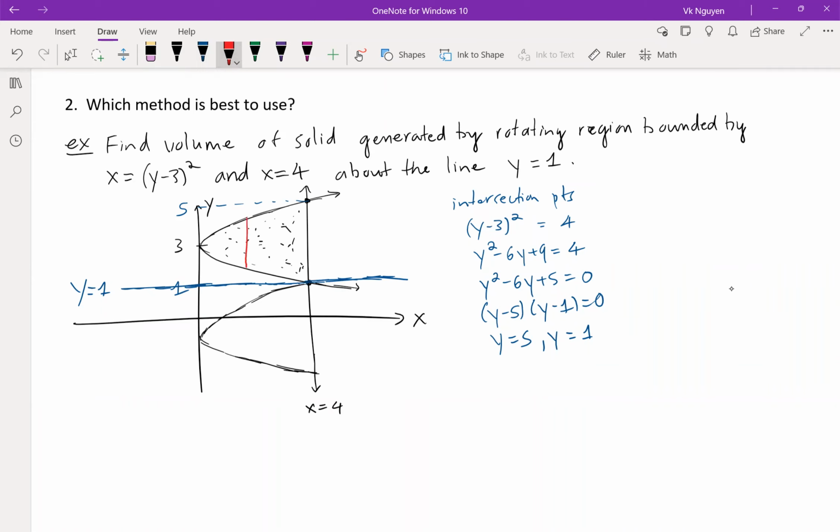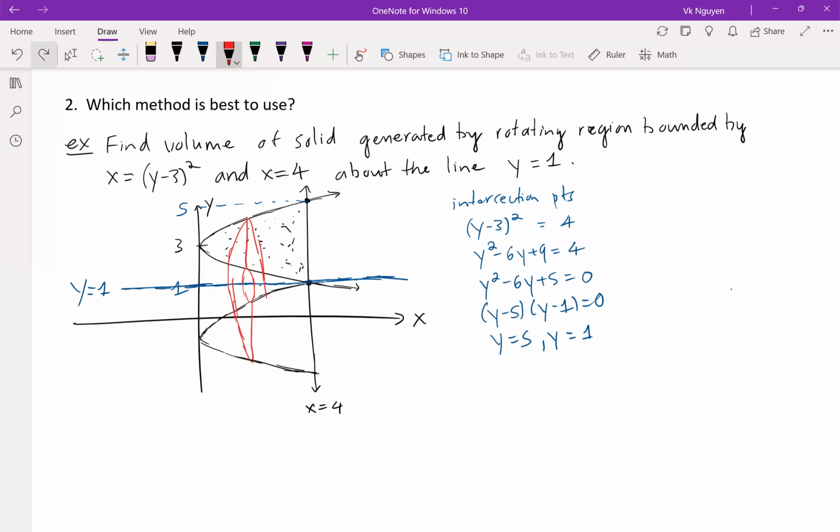If you use a vertical stripe, when you do the rotation, you're going to get, of course, a washer. It is very difficult to figure out the radius because we would have to solve for y, the plus or minus, which makes it a little difficult to do the computation. Okay, so scrap this.